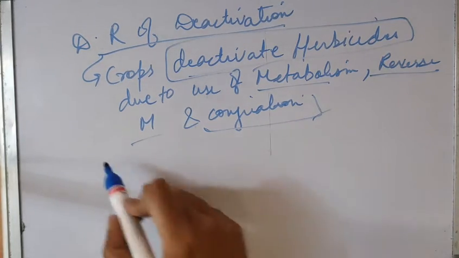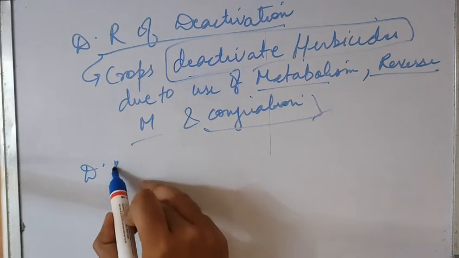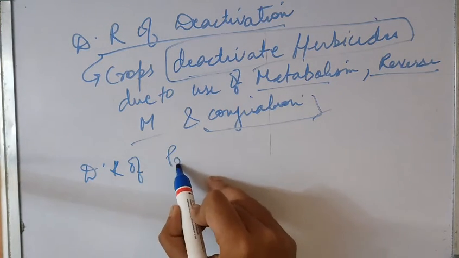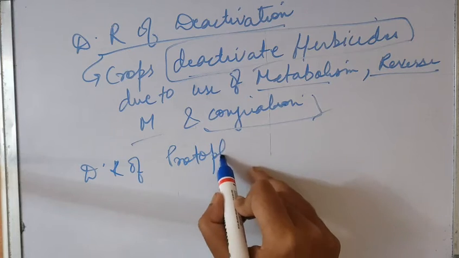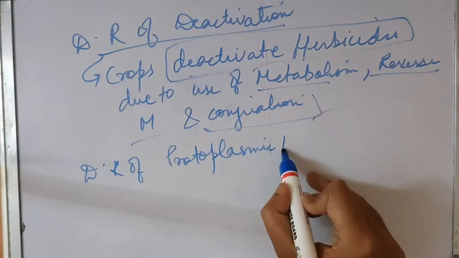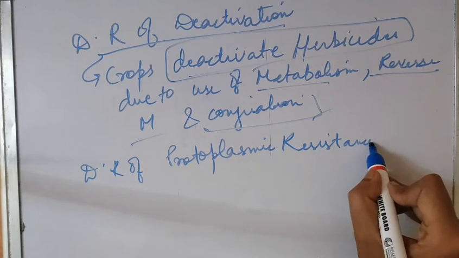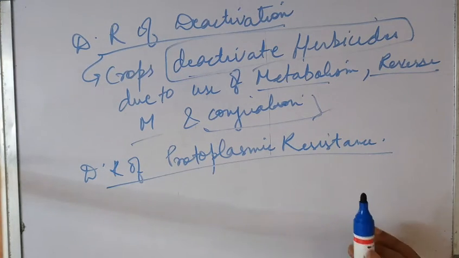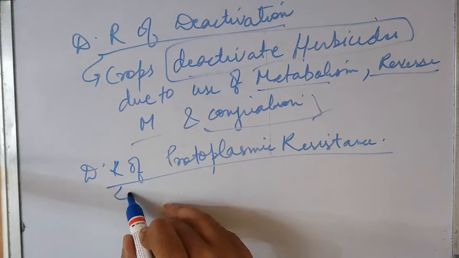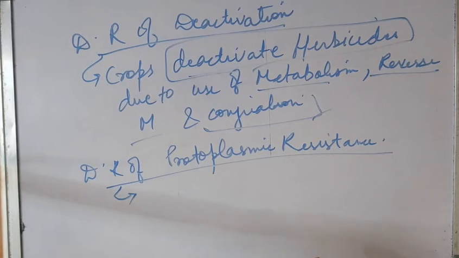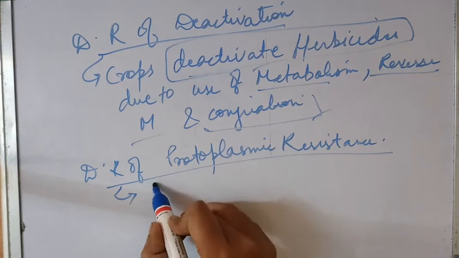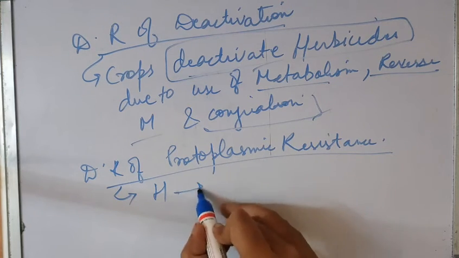Now moving on to the next point, that is differential rate of protoplasmic resistance. What happens here? Herbicides make deficiencies of certain vitamins and amino acids in targeted weeds.